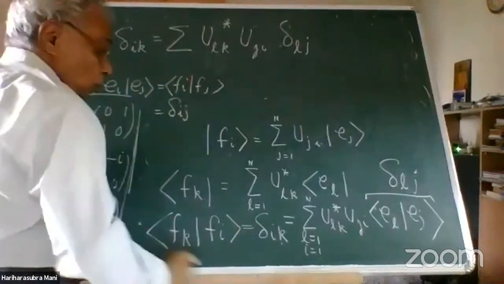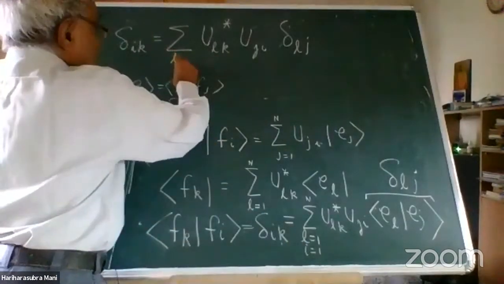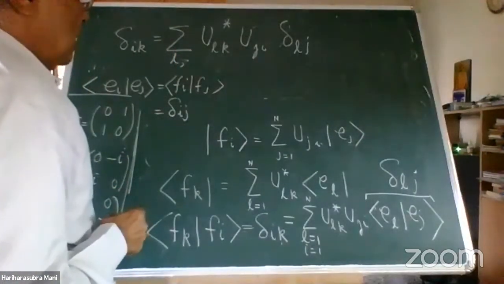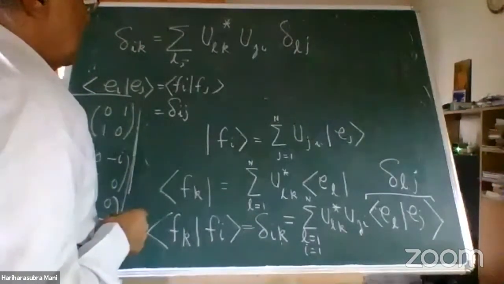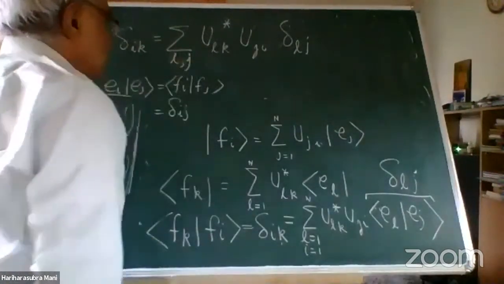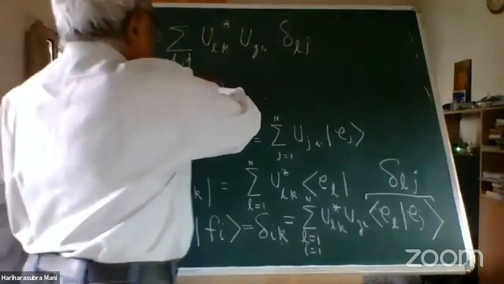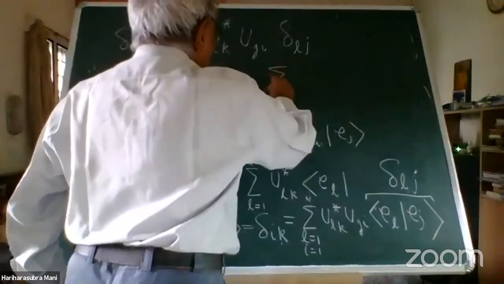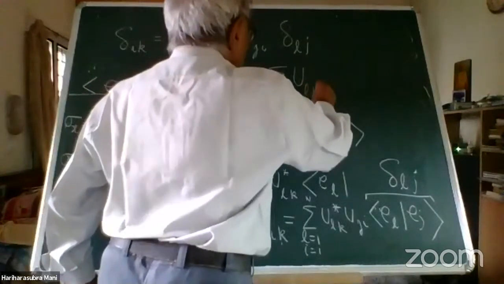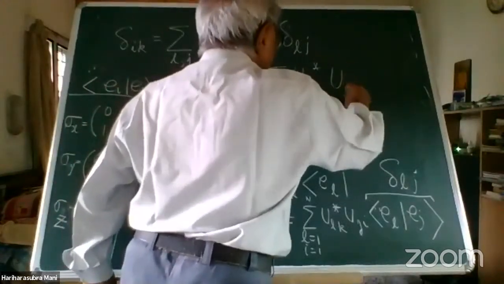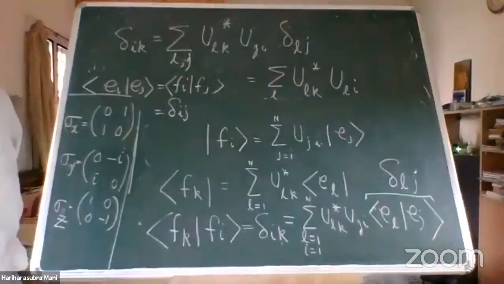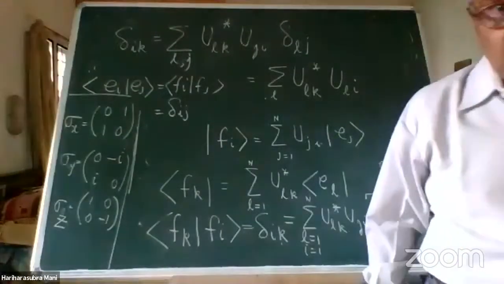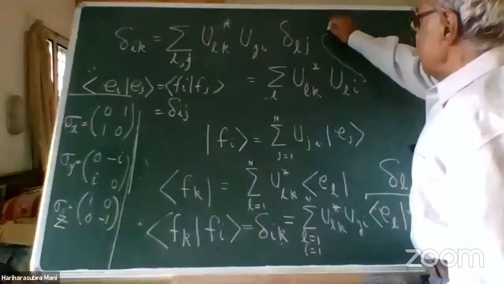This sum is over L and J. If I now sum over J, only the term with J equal to L will contribute. So this becomes sum over L, U_Lk star U_Li. Which I will continue here.